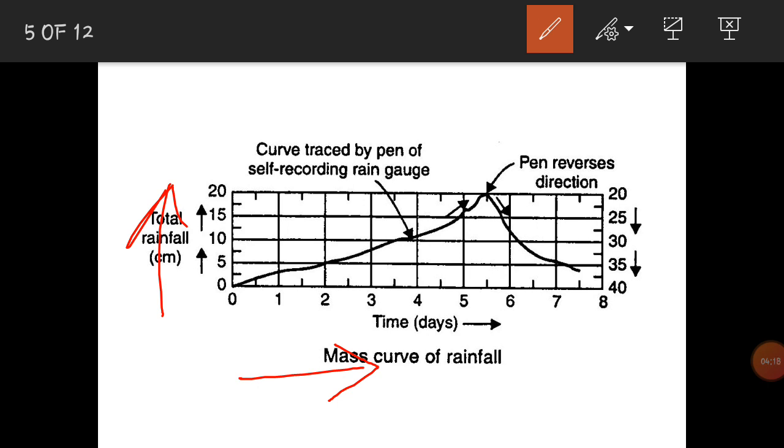So till now we have discussed the mass curve. You can see the graph here.